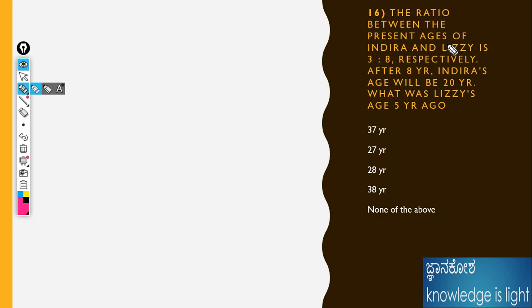The ratio between the present ages of Indra and Lizzie is 3 is to 8. Indra and Lizzie, present ages, 3 is to 8. Then after 8 years, Indra's age will be 20 years. Fine, direct question.